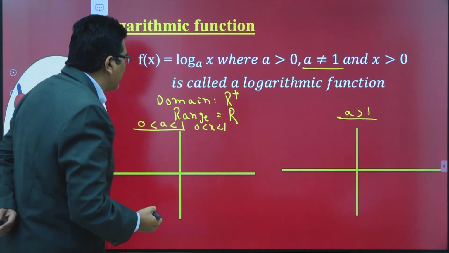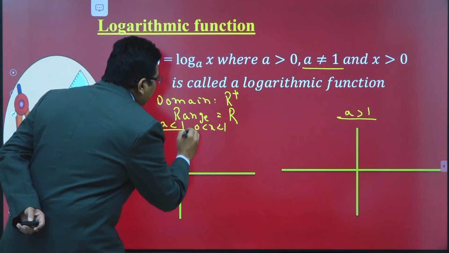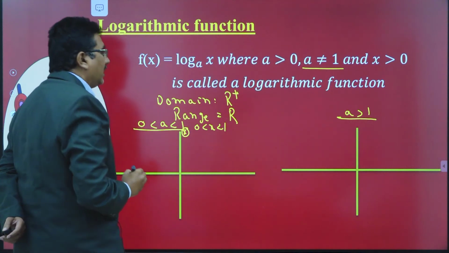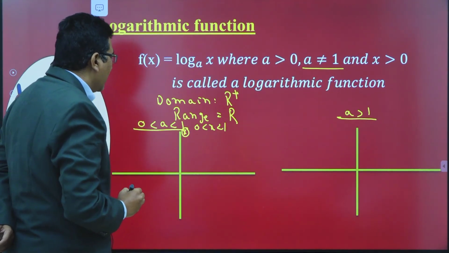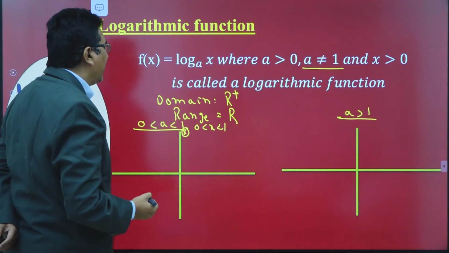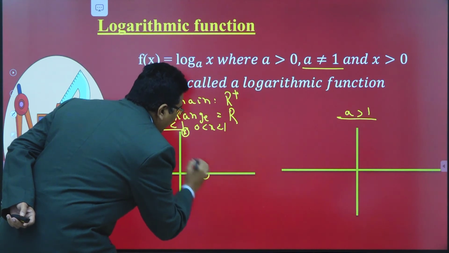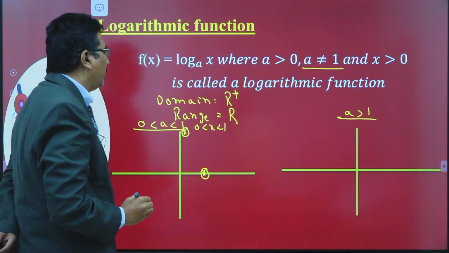As x tends to 0 plus, this goes to plus infinity. Now put x equal to 1. Log 1 to any base is equal to 0.